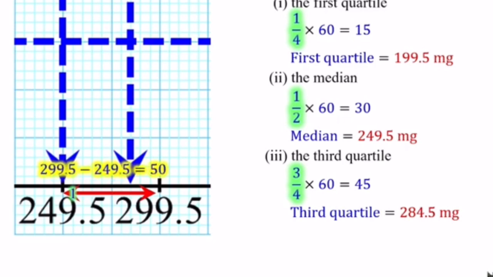Understand? So that is the first step, the most important step that you must use before you can read the first quartile, the median, or the third quartile, because the scale will be different. Because the class interval can be different.